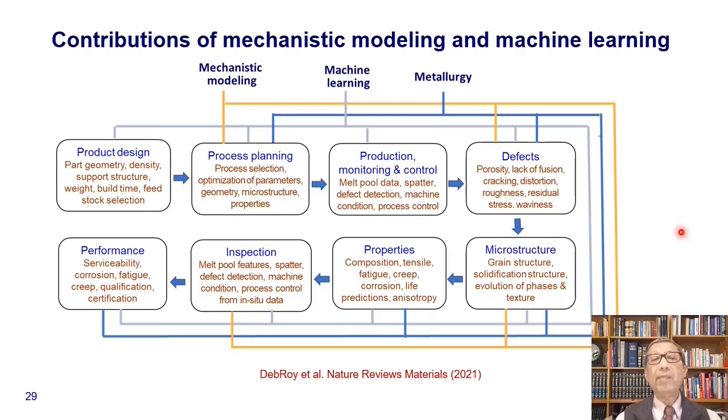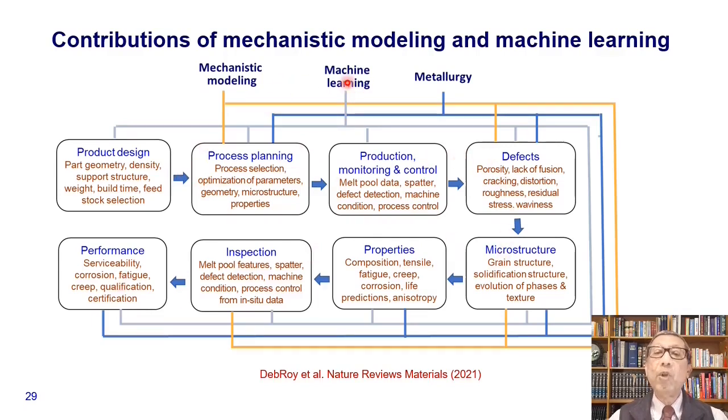So far, we have discussed mechanistic modeling and machine learning. And if we look at the different steps we take to actually make and qualify a part, ranging from product design to process planning to production monitoring and control to defects to microstructure properties, inspection and performance, mechanistic modeling and machine learning are invaluable in aiding all of these processes.